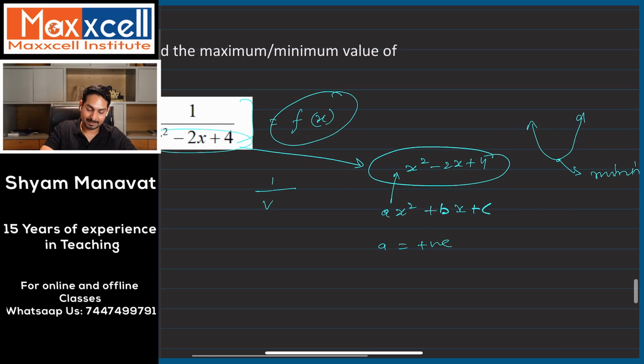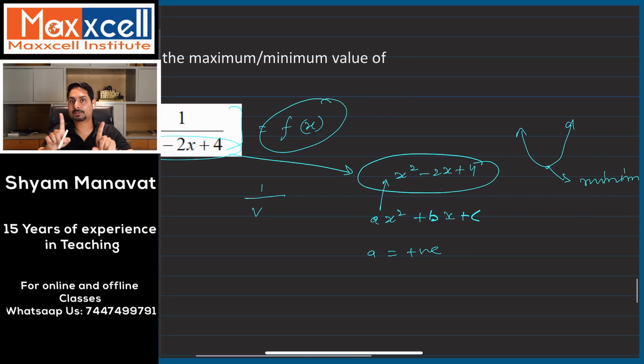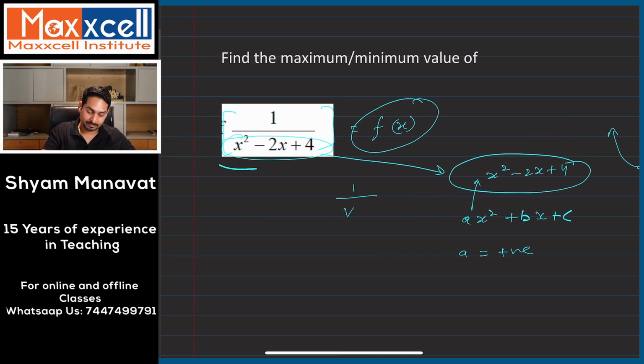So अगर इसका minimum value define कर सकते हो, maximum value तो define होगा ही नहीं, because it is going upward, it can go up till plus infinite, infinite तक जा सकता है. So minimum value define होगा. So to have a defined range, you can define minimum value for this.